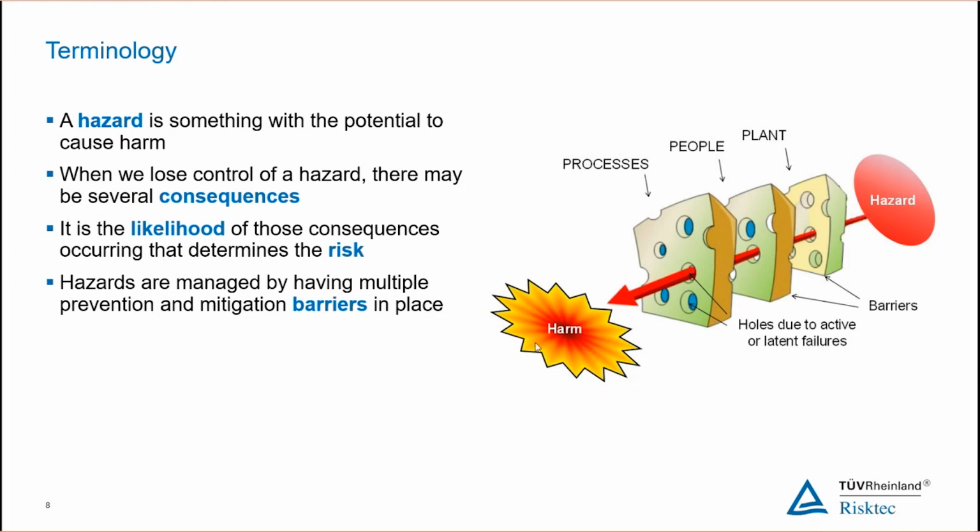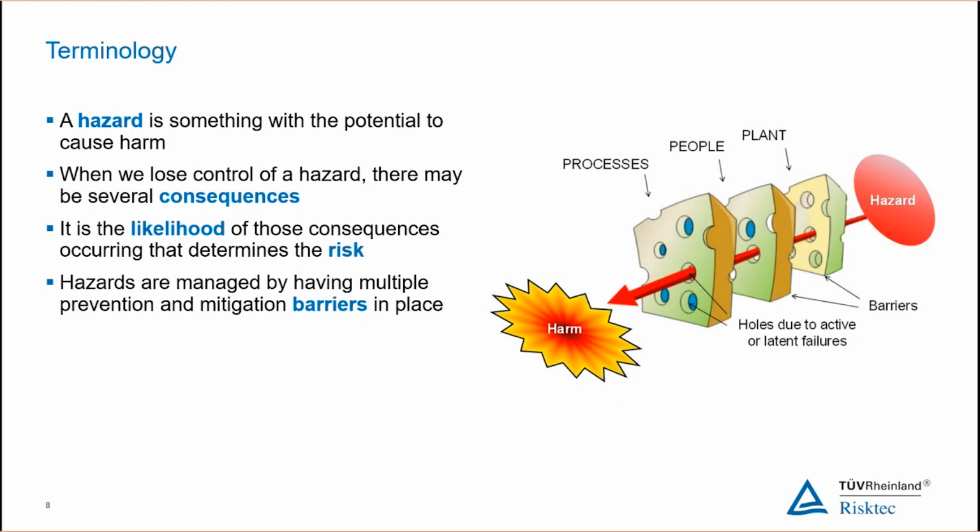That's the scenario we have to understand, and the scenario we have to manage. Now, we need to put in place barriers, controls, layers of protection, however you want to phrase it. All of those are things we put in place to prevent the hazard from leading to harm.